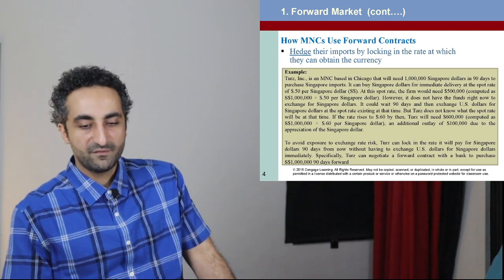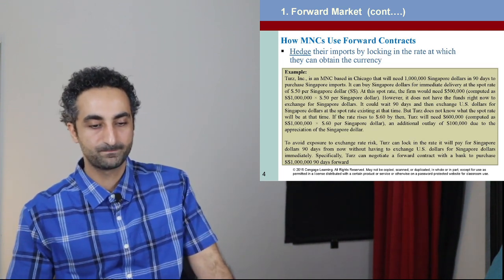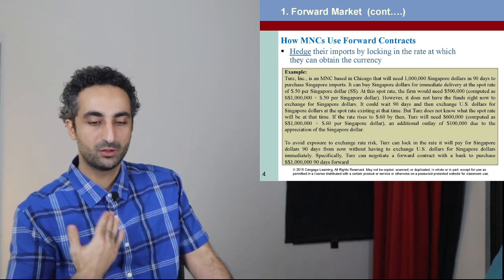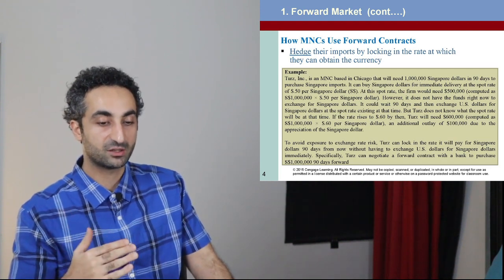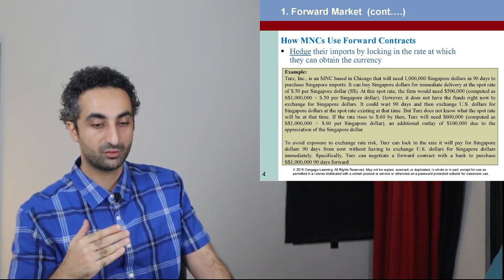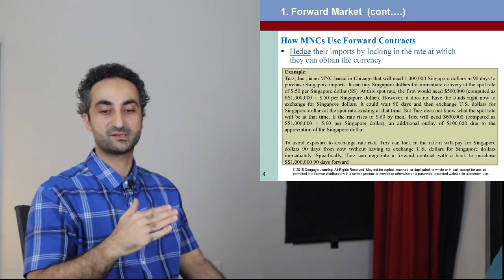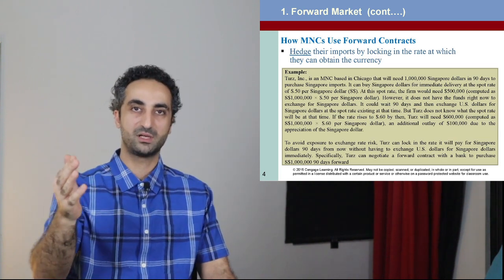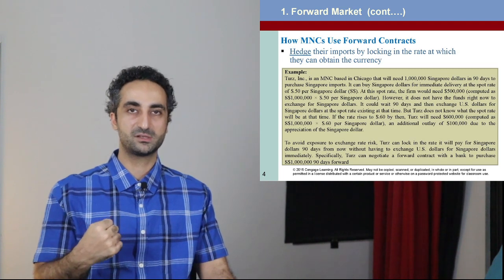However, we do not have the funds right now to exchange for Singaporean dollars. However, we could wait 90 days and then exchange US dollars for Singaporean dollars at the spot rate at that time. So wait for 3 months and then go to the spot market and buy the funds.